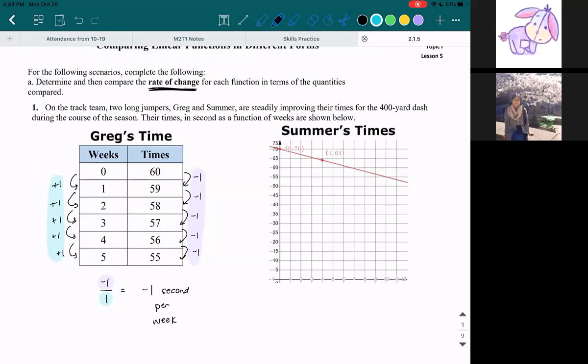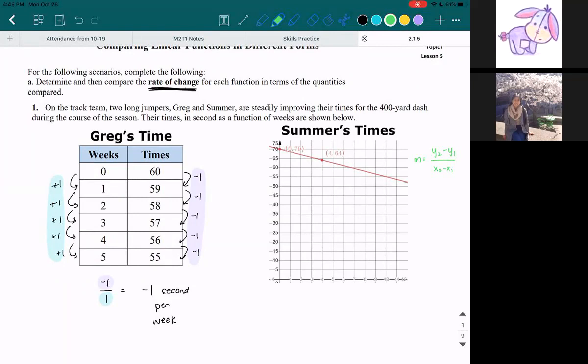Okay, and let's take a look at Summer's times now. So for Summer's times, we are given 2 points on a graph. So I'm going to do this in green because why not? We have a formula when we are given 2 points to calculate our rate of change. So the rate of change is calculating the slope, which means we want to do y2 minus y1 over x2 minus x1. So it's the rise over the run.